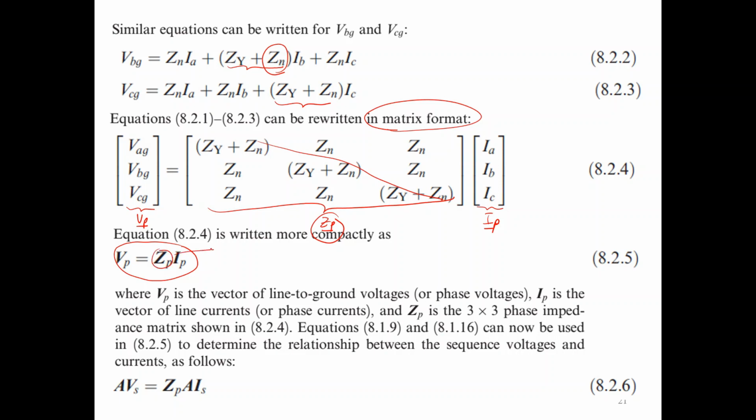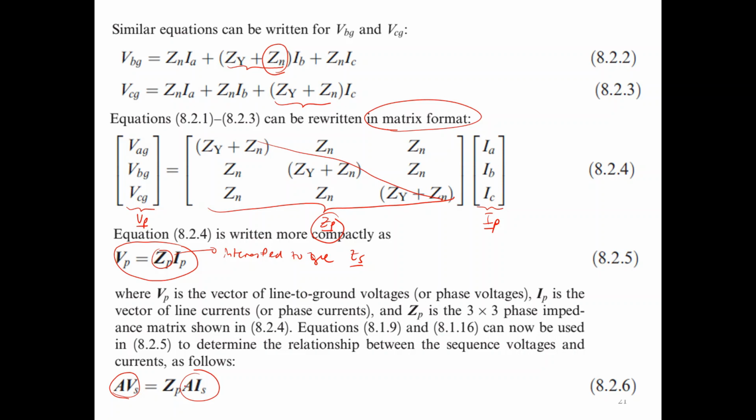We are interested to see what CS should be. That's why we put the transformation on the two sides: VP is expressed by A times VS, and IP is written in terms of A times IS.